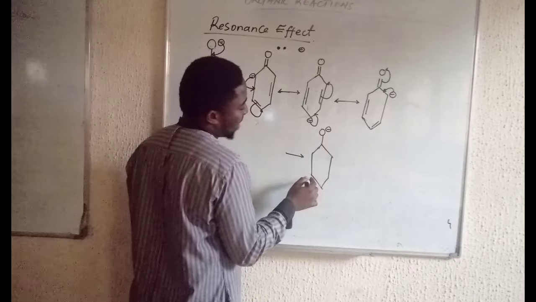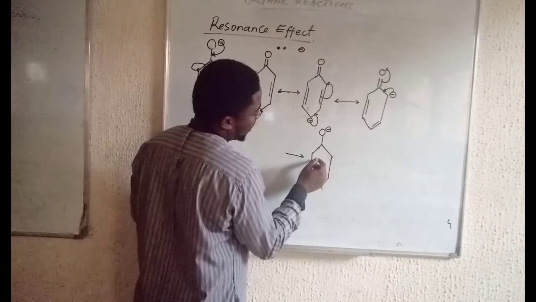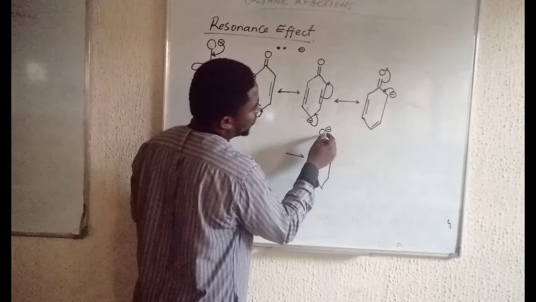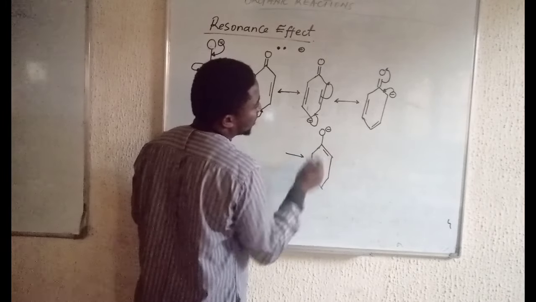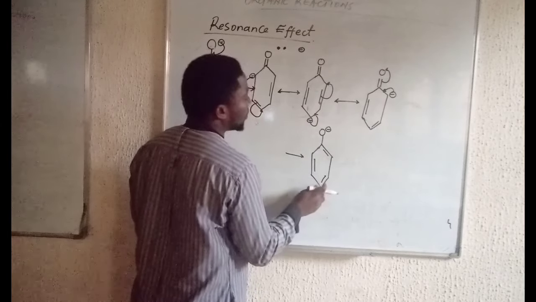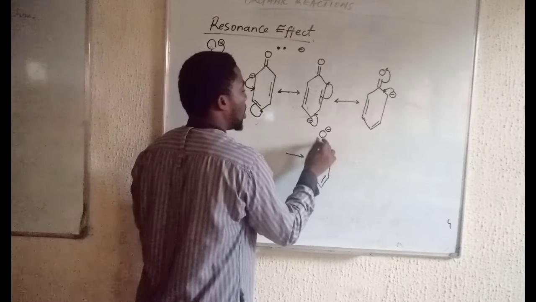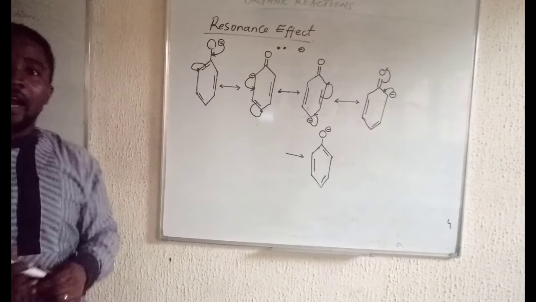So you have this bond here. Here's a single bond. Then here is a double bond because of the movement of this one. And here's another double bond. So these are the 5 resonance structures of phenoxide ion.